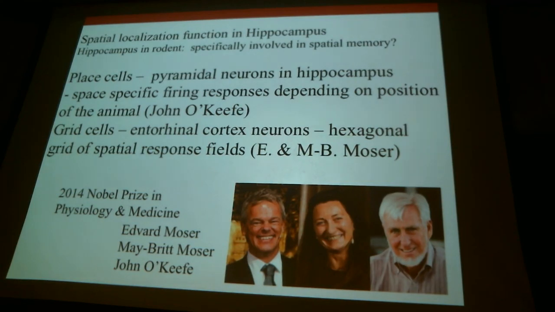As far as I can tell, this is not covered in your textbook, which is just crazy, and I think because it doesn't fit the general theme of the book of what the hippocampus does, which is memory. But throughout the 70s to 80s to 90s, it's really been a dominant paradigm of spatial localization in the hippocampus. And so we're going to talk about that.